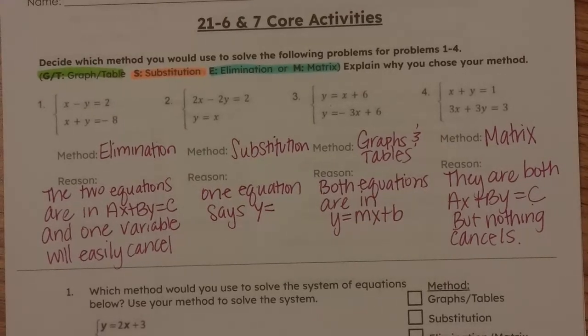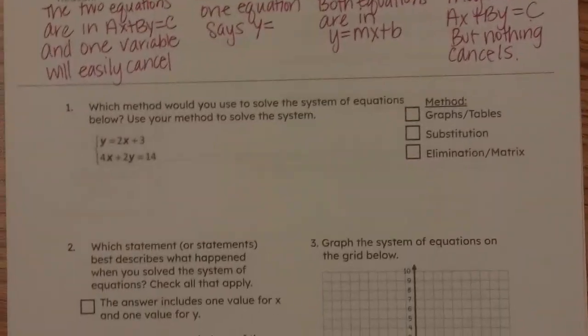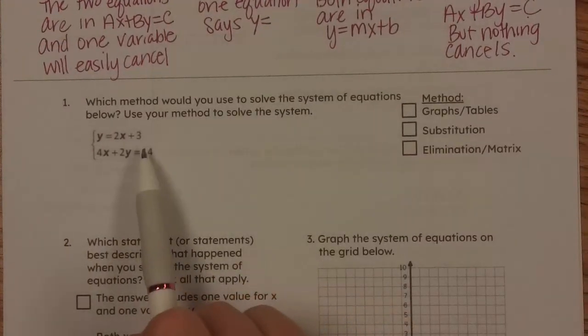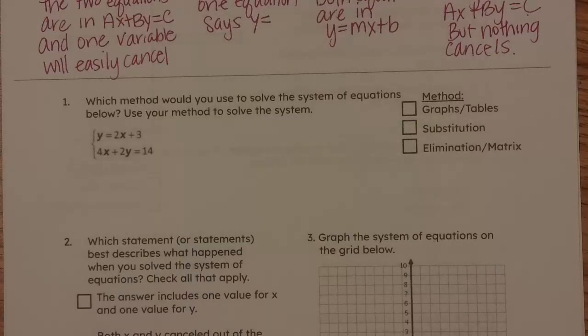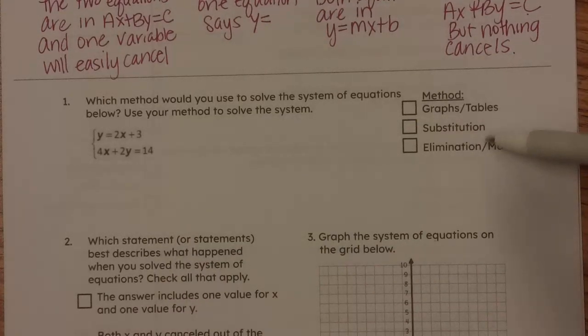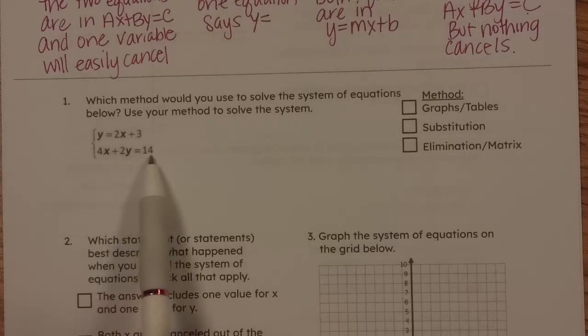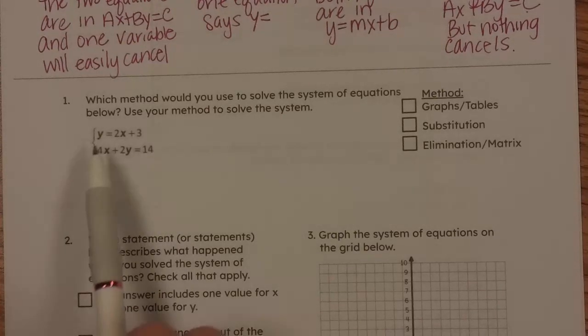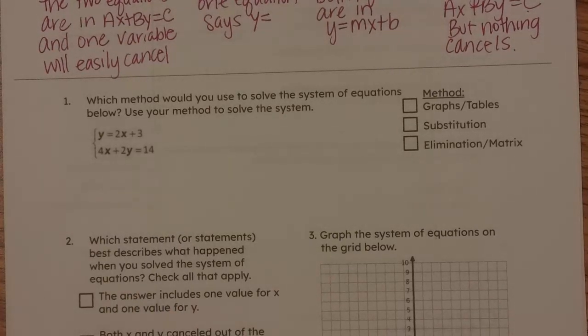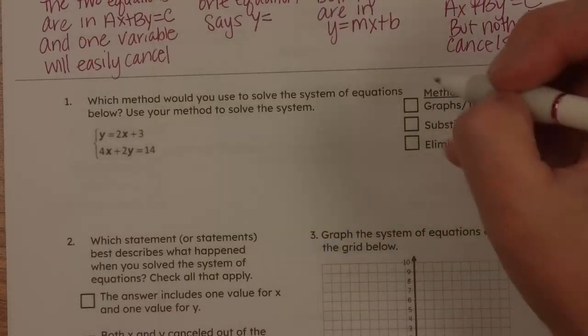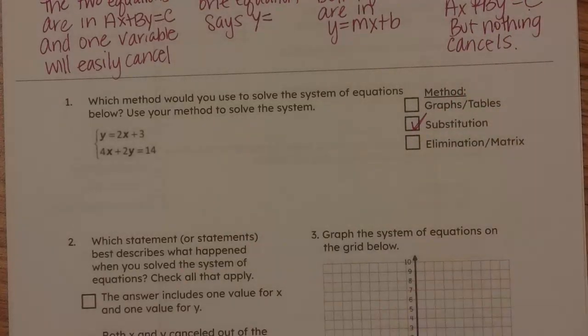All right, so number 1 says, which method would you use to solve this system of equations? And then it says, use that method to solve this system. So here are our options, like we were talking about up here. So we've got one equation says y equals, and one equation says 4x plus 2y equals 14. So I would guess that you guys would want to use substitution for this method, because one equation says y equals.